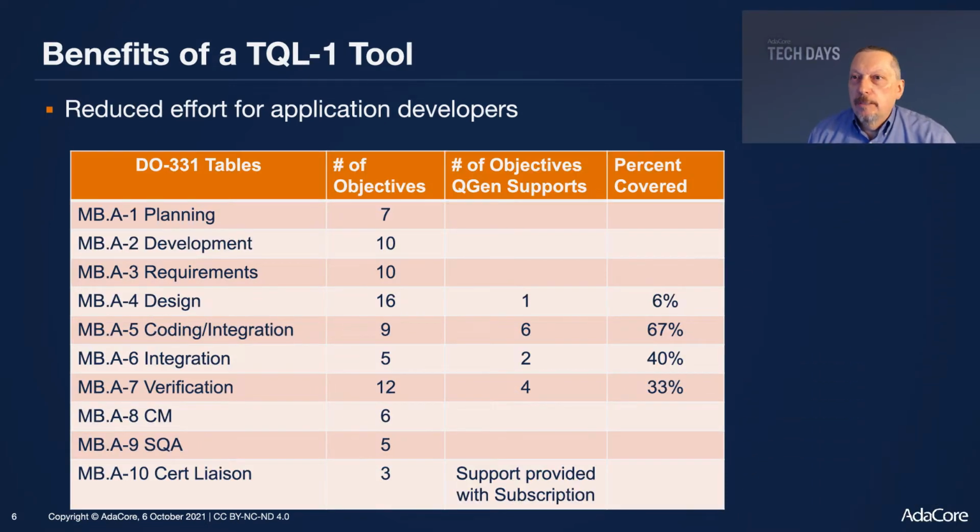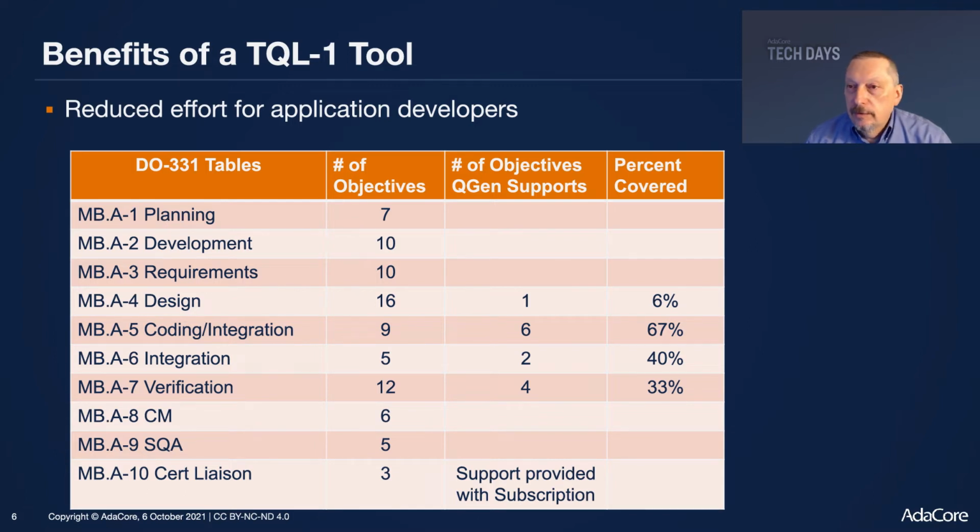So how does this help you? If you're using Simulink or Stateflow, you also need to comply with DO-331, the model-based supplement to DO-178C. There's a large number of objectives that are required to satisfy this. QGen qualification is intended to provide support to more than a dozen objectives.